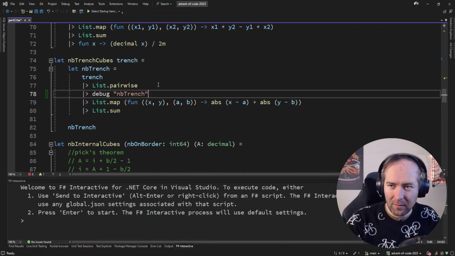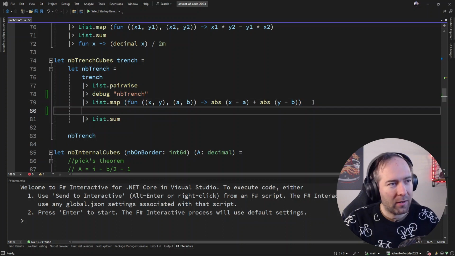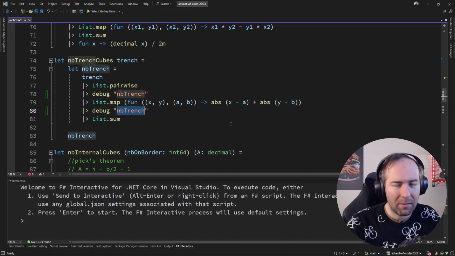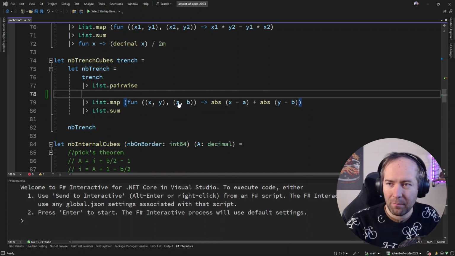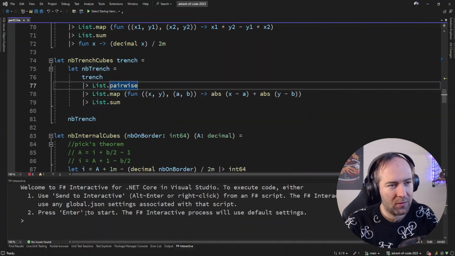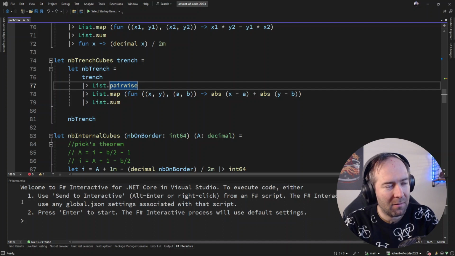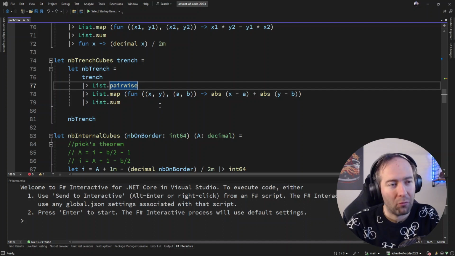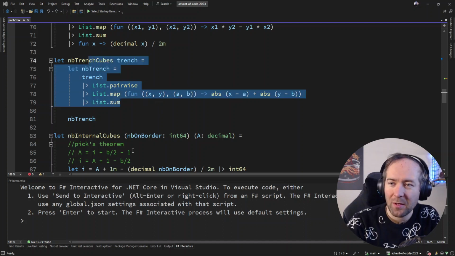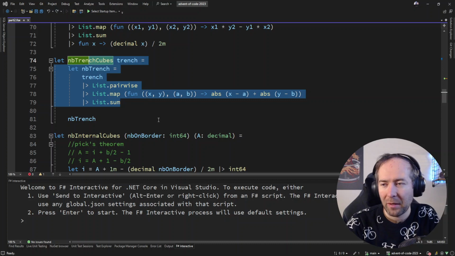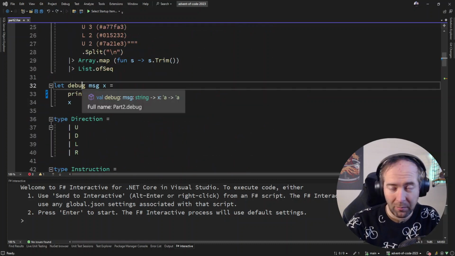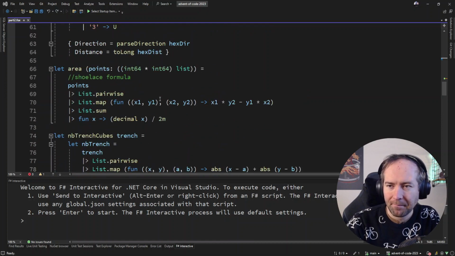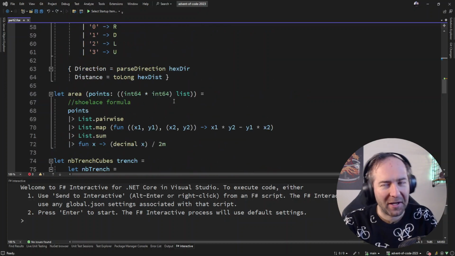If I want to know what the intermediate result is here, okay, let's plug it in. I want to know what this is, I can plug it in. So you can just plug this function into any kind of pipeline to get outputs. It's not the same as using a debugger with breakpoints, but it gets really dang close, especially when you use heavy piping. So that's a nice trick to have in your tool belt, the debug function, or the debug macro, as in Rustlang. Anyway, that's another digression.